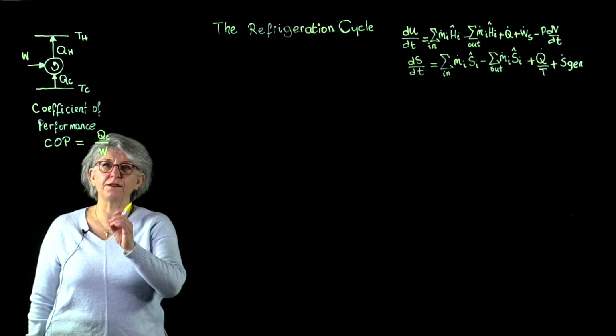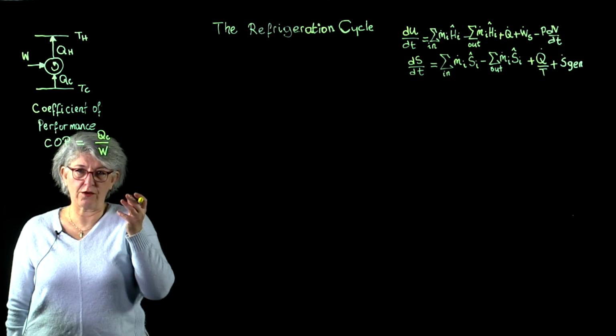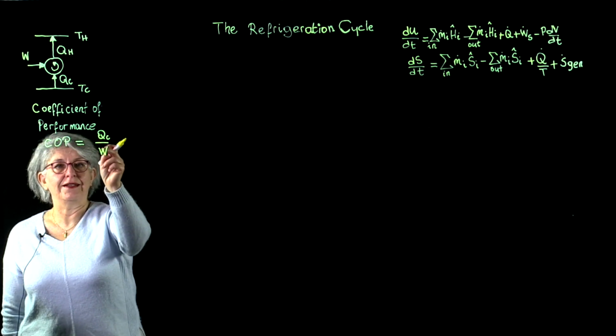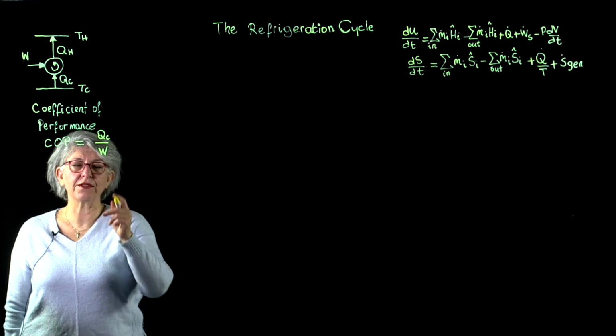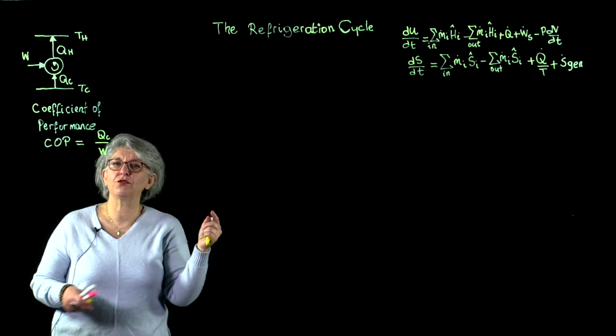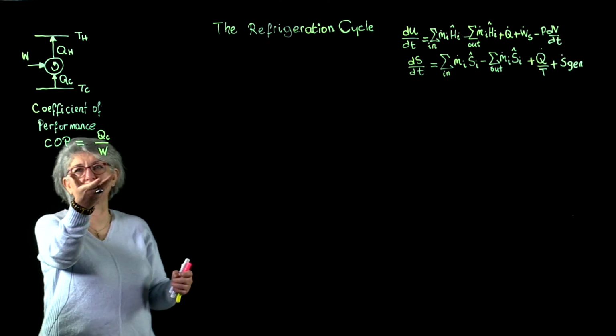So our objective is this, to remove heat from a cold source. And the way we accomplish it is by doing work. So how much work I need to do to remove how much heat is the verbal description.